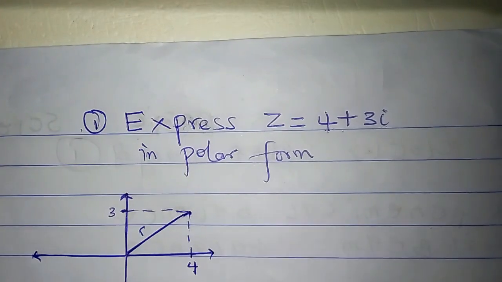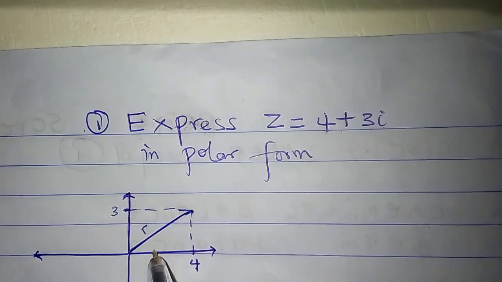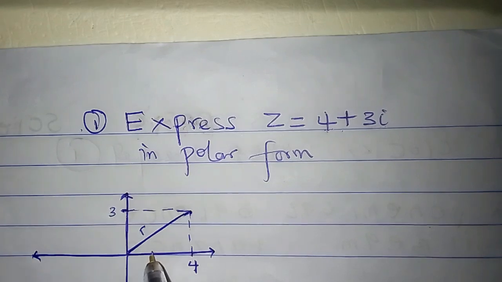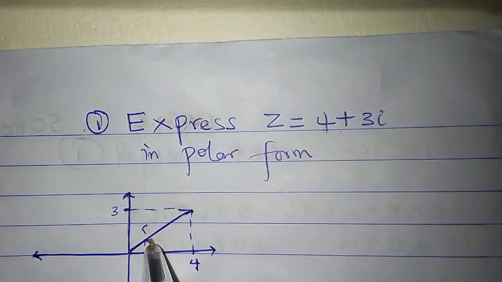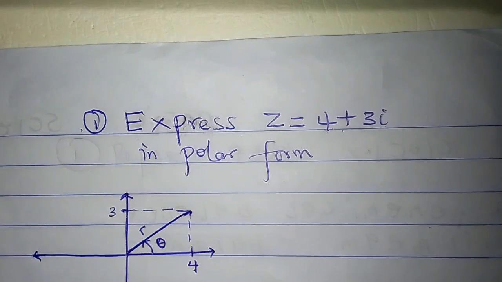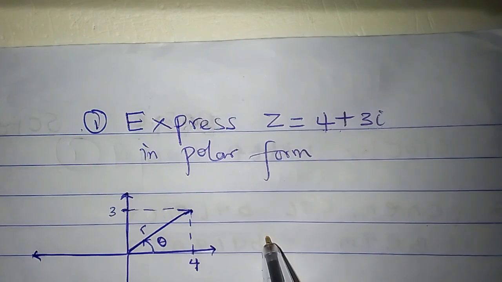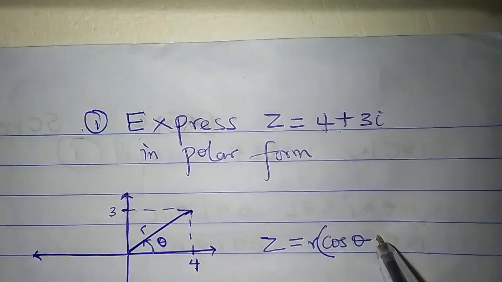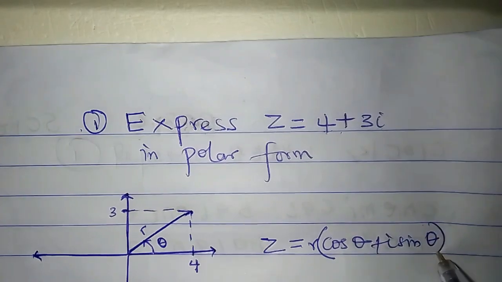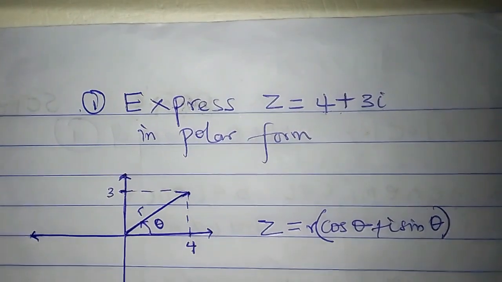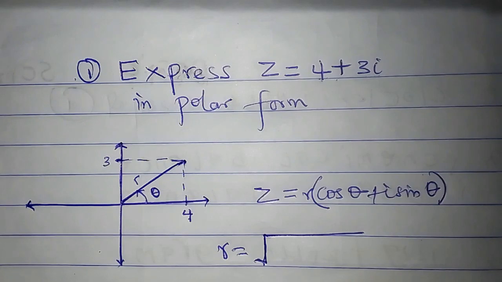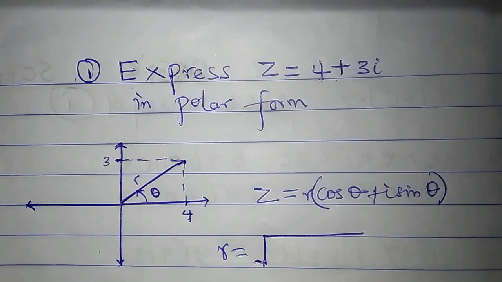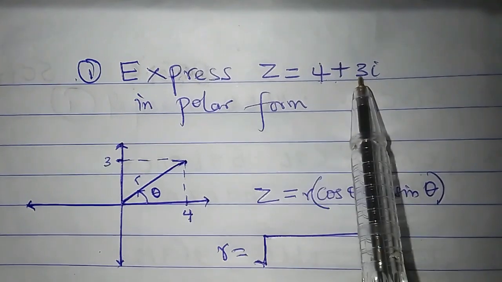this r. So we also have to determine the argument, and the argument is measured from the positive real axis. Alright? Remember the polar form that says z equal to r (cos theta plus i sine theta). So we need r and we need theta. Remember that the modulus is calculated as the positive square root of a squared plus b squared. A is 4, b is 3.